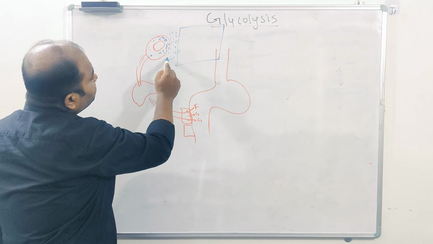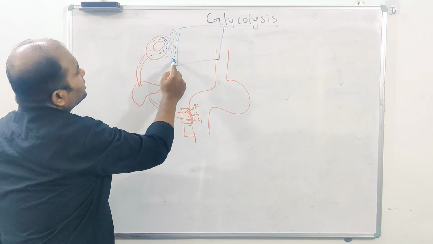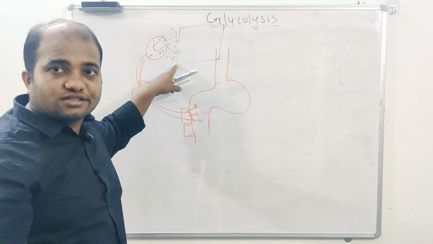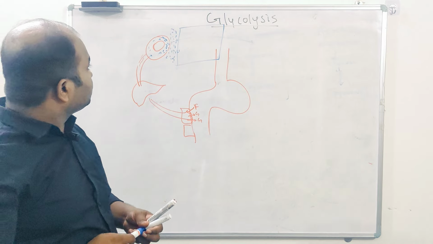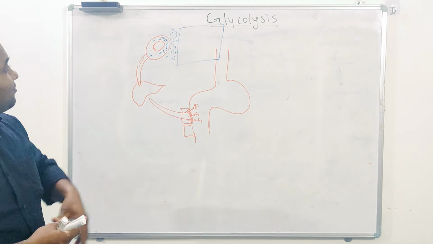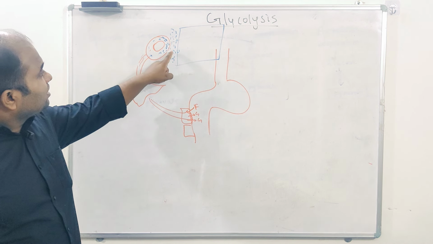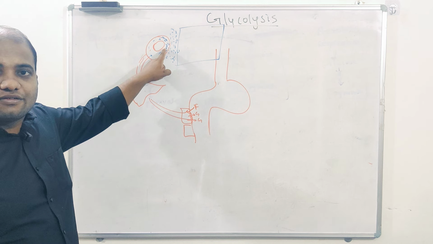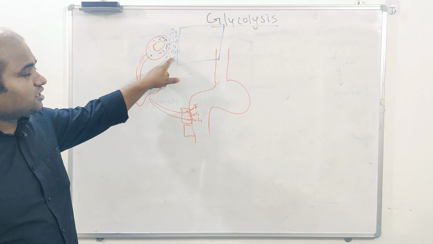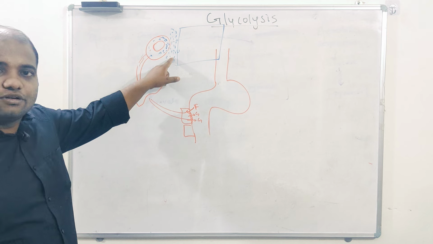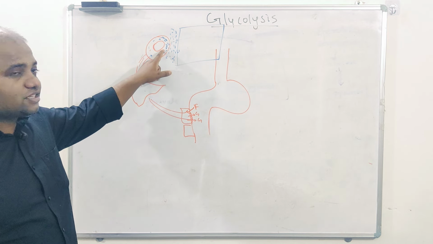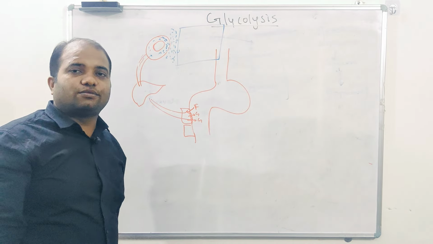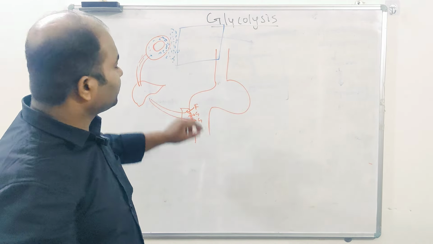So this glucose can easily diffuse into the space between the cell and the capillaries, and that is called the interstitial space. So my question is, what is the concentration of glucose in the interstitial fluid as compared to the capillary? What do you think? Will the concentration be more in the interstitial fluid, or more inside the capillary lumen?